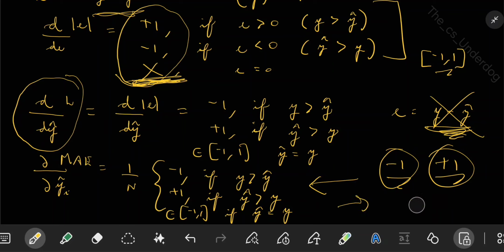Even if the errors are large, it will push by the same value. That is why convergence can be slower in case of MAE. I didn't want to simply make a statement that convergence is slower. I wanted to show you by differentiating that it is piecewise constant. Because it is piecewise constant, optimization can be slower, right? So I want you to understand this logically.